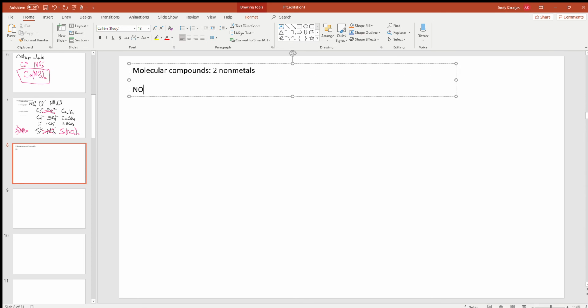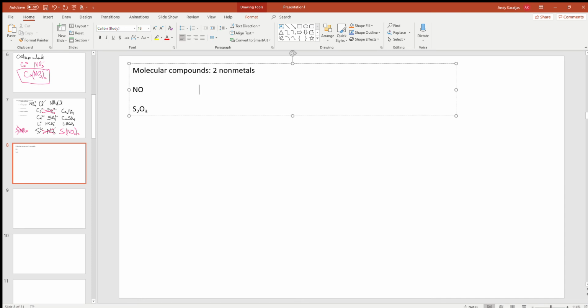For example, if we have the compound NO, 1 nitrogen and 1 oxygen, or S2O3. So in these cases, it's a little bit different. Not a lot different, but a little bit different than what we did before.